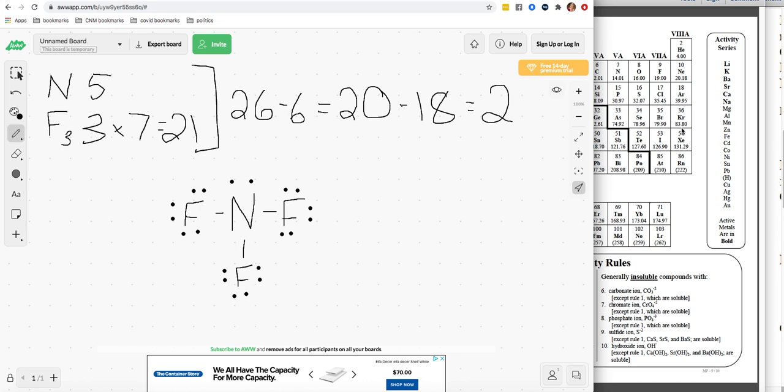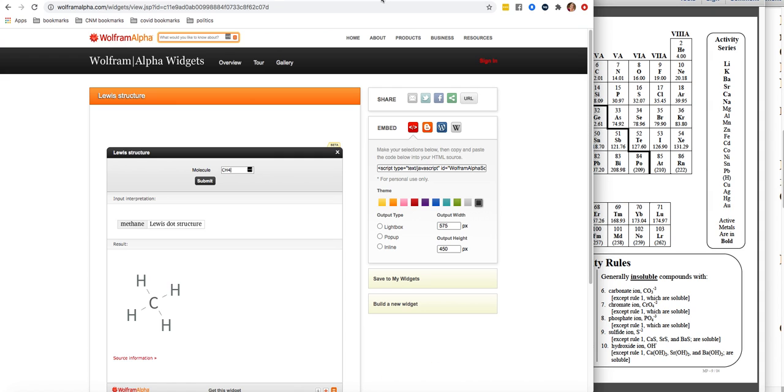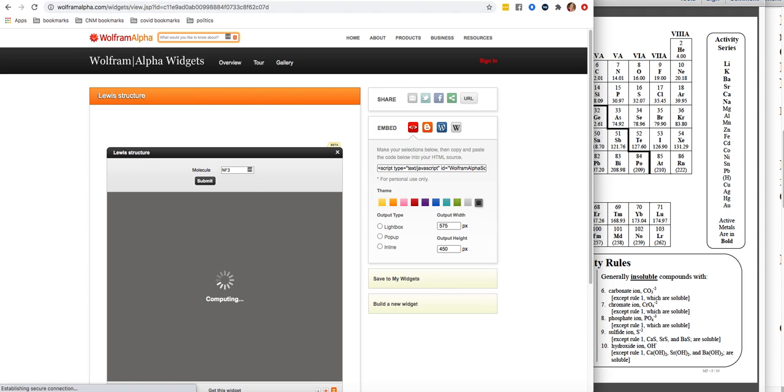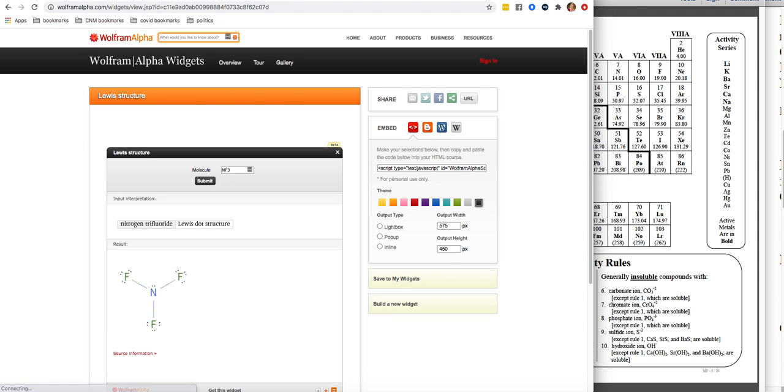So that is how we know that we're done with the Lewis structure, and then we want to see what this gives us, NF3, double check our work. And indeed it gives us this, and again the shape is a little bit different. They've got these going off at different angles. That does not matter. You're not going to be graded on what angles you put those out at, so that isn't important.